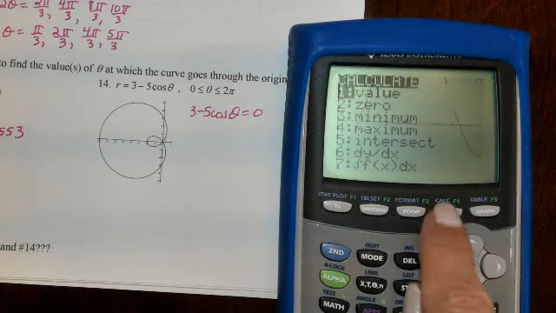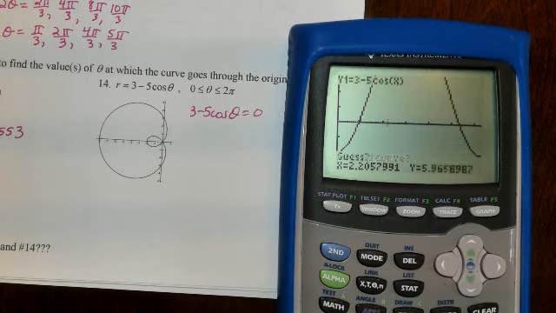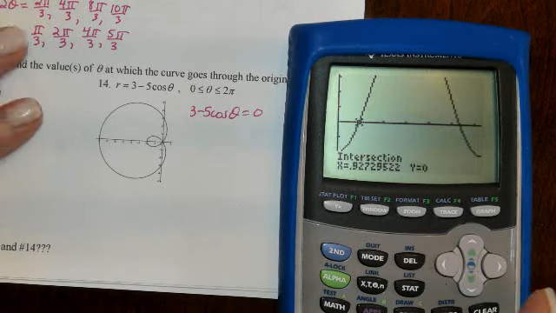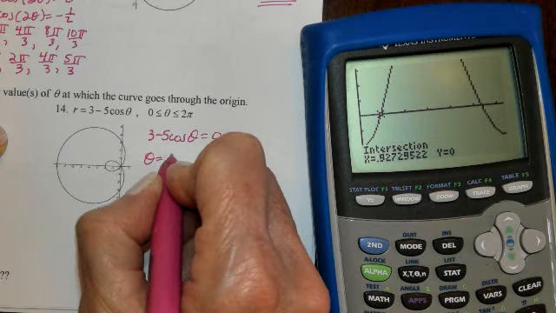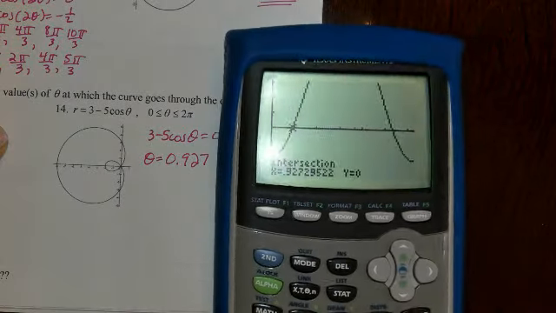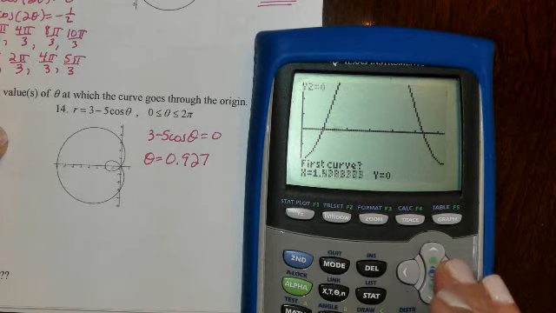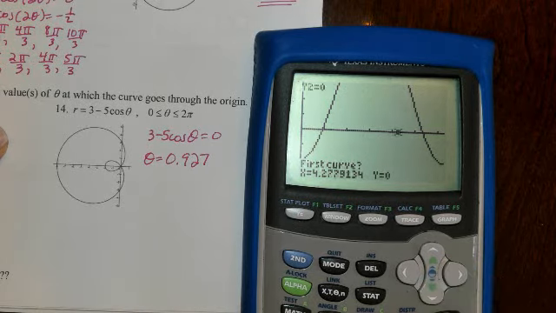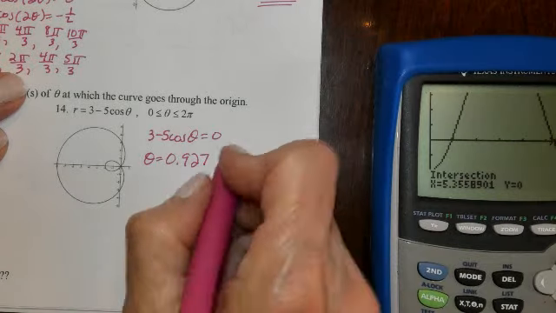So second calc 5, scooch over a little bit, enter, enter, enter. There's my first theta intersection point. Then go grab your other one. Enter, enter, enter. And there's my second one, 5.356.